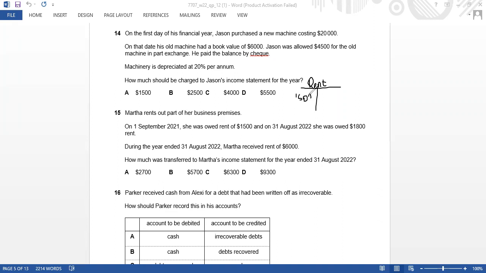And she was owed 1,800 on 31st August 2022. That means there is a balance carried down of 1,800.